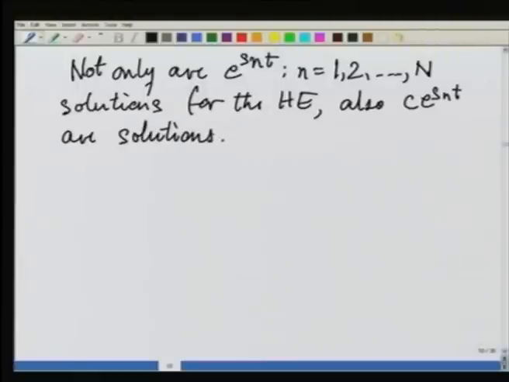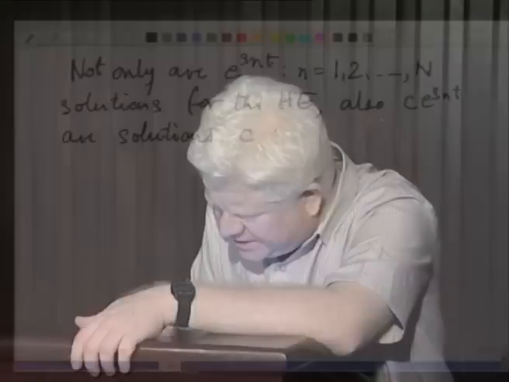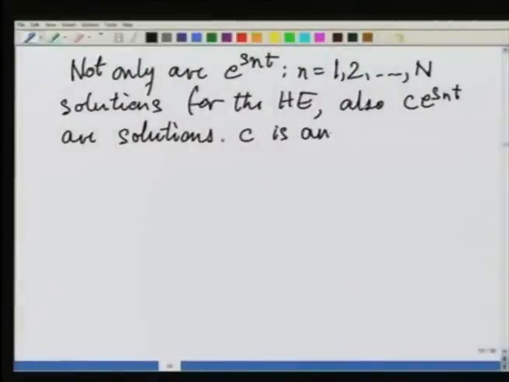And remember, we can put any value for C. C is a constant, but it is what we call an arbitrary constant. C is an arbitrary constant.